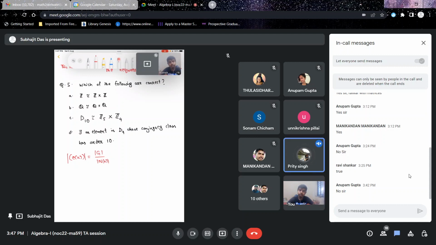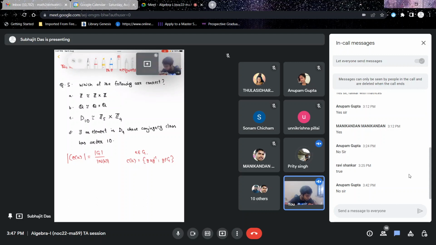Yeah, the conjugacy class, as you know, is basically this: if A is an element in your group, then the conjugacy class of A is defined to be the set of g A g inverse such that g is in G. And this has order precisely the order of G over the order of the normalizer of A. The normalizer of A, by the way, is the set of all elements which commute with A.